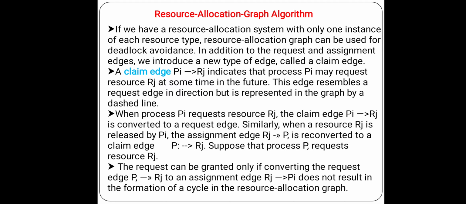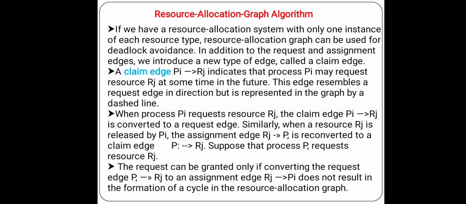Suppose that process Pi requests a resource Rj. The request can be granted only if converting the request edge Pi to Rj to an assignment edge Rj to Pi does not result in the formation of a cycle in the resource allocation graph.